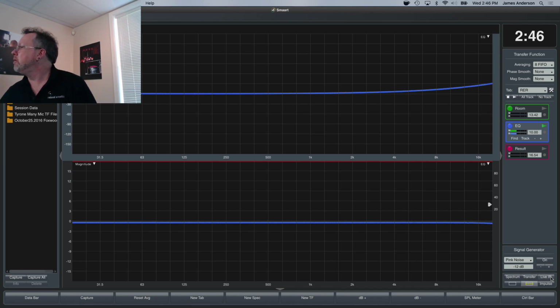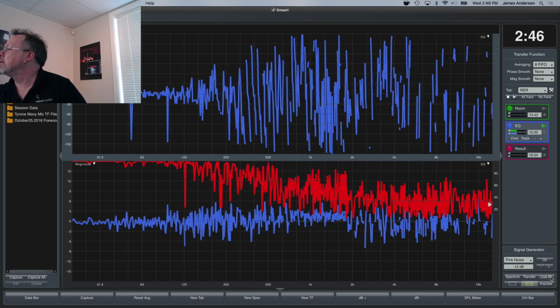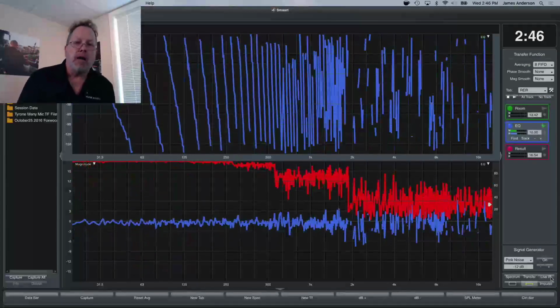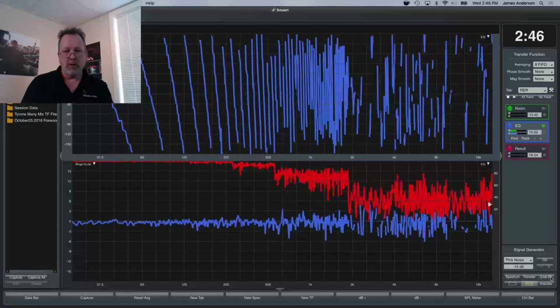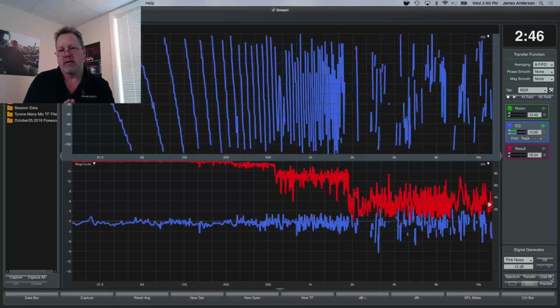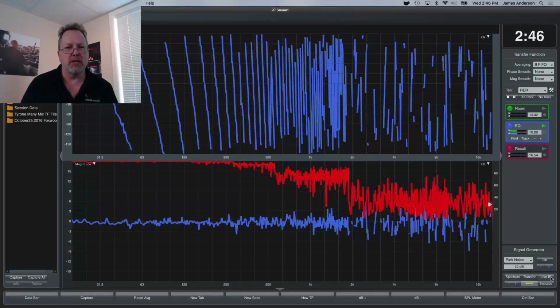And so what I'm going to do is take this guy and type in some delay into this system. Okay, so I'm going to use the phase trace to find the latency through the system.